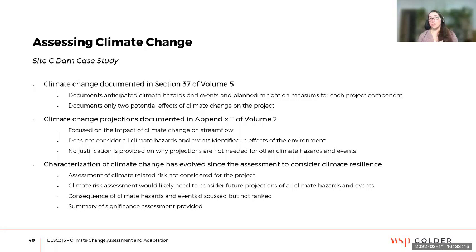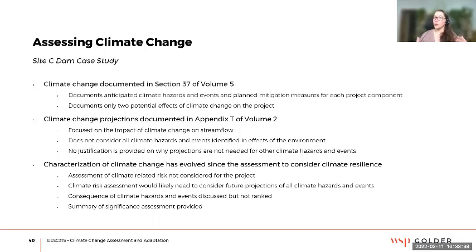The climate change projections themselves are in Appendix T of Volume 2, which is not unusual for it to be in a slightly different location. But they've really just focused in on climate change on stream flow, which given the project isn't surprising. But it's interesting that they have not considered all of the climate hazards and events that have been identified under the effects of the environment, and they have not really discussed why.